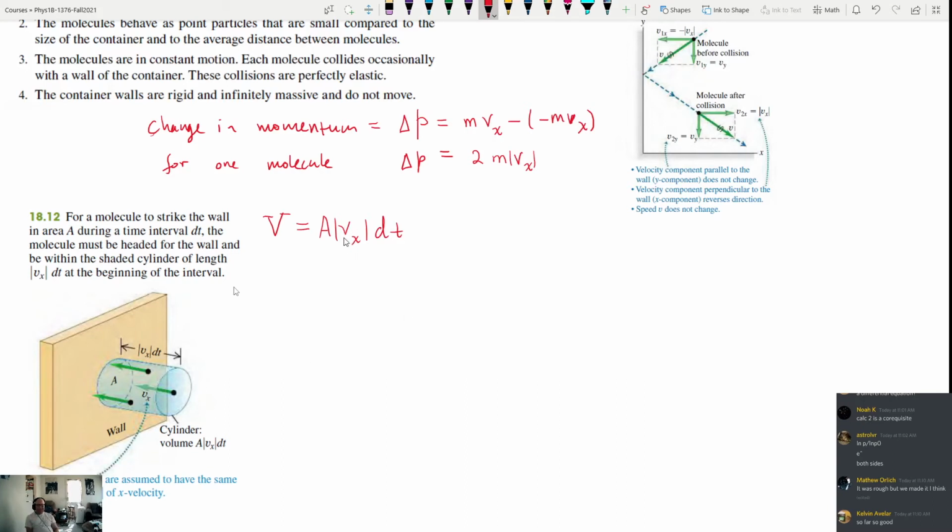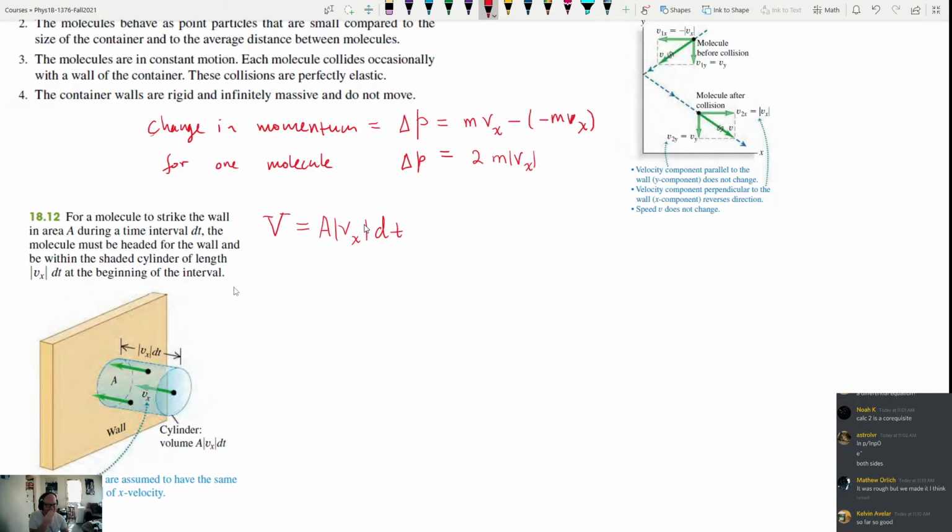If I take the velocity of the molecules Vx that are in that area, and I multiply by dt, then I get the length of how far they could possibly travel in that time, right? Just to give you an example, if the velocity of the molecules was 1 mile per hour, and the interval of time was half an hour, then the largest distance they could travel would be half a mile.